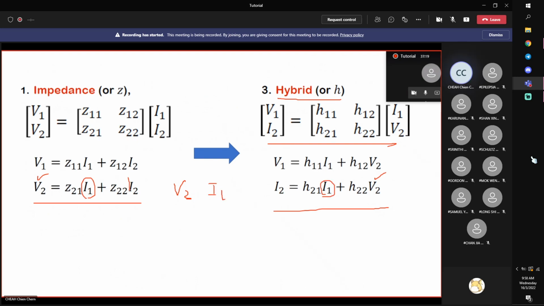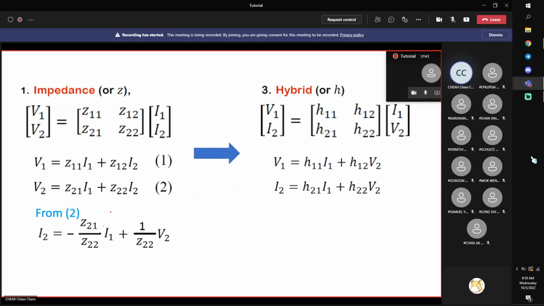You also have I2. This basically means it's just a matter of rearranging this equation into this equation. Here V2 is your output of interest. Here I want I2 to be my output of interest, which is this one.